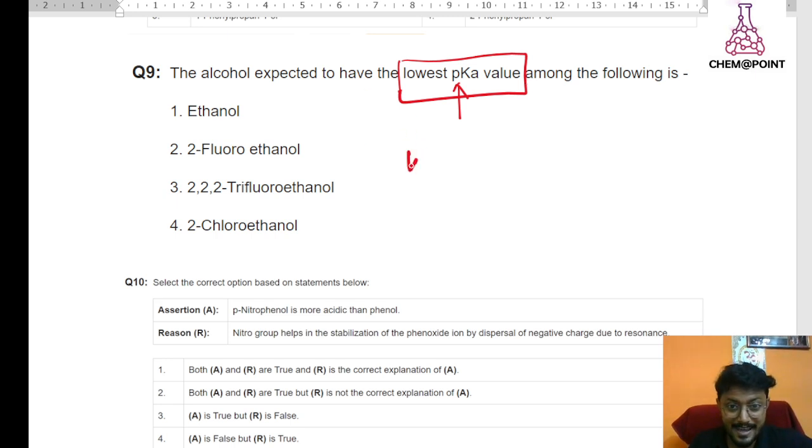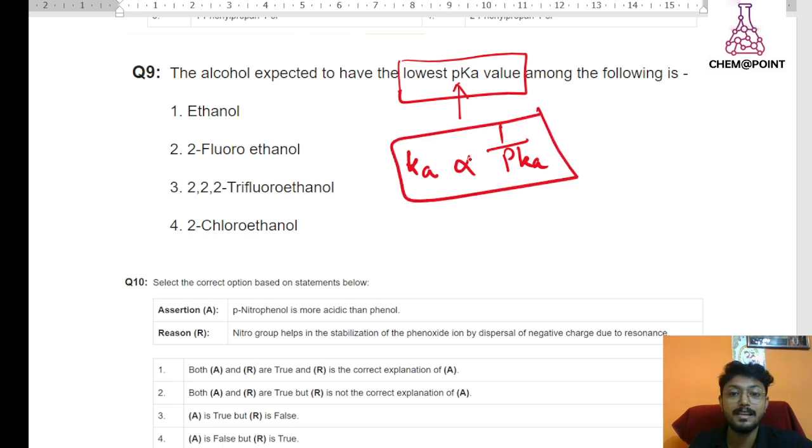Dear student, Ka and pKa are inversely proportional. If Ka increases, pKa decreases. Do you understand my point? Just look for which option is most acidic. The most acidic has the lowest pKa.